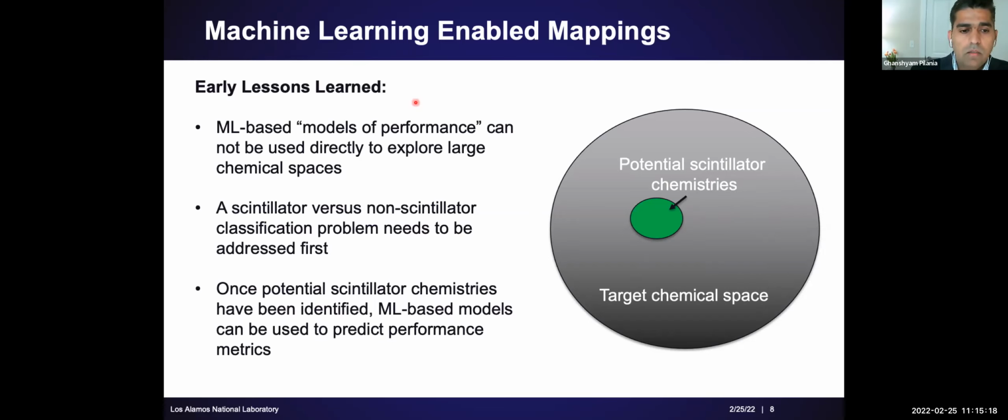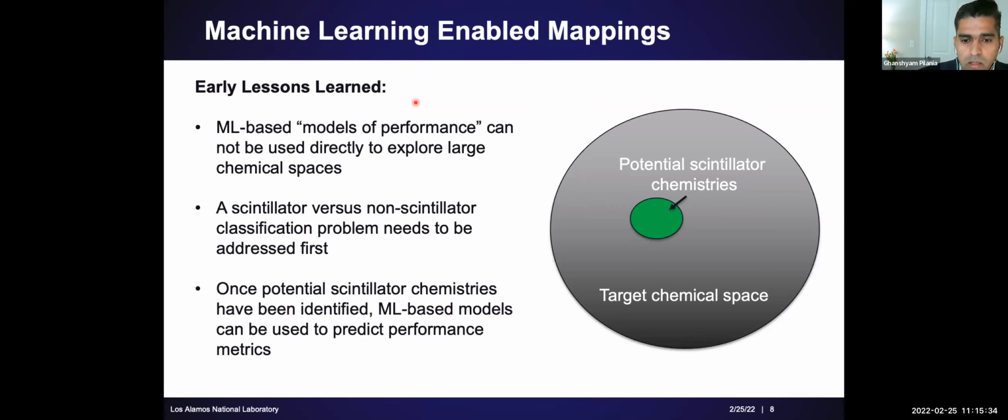And so that was an early lesson learned. And so then one says, why don't we just collect all the data on scintillators and non-scintillators and try to just develop a classification model brute force.